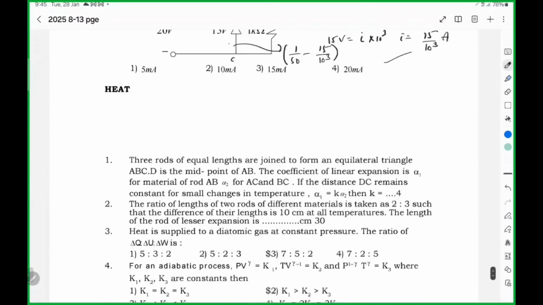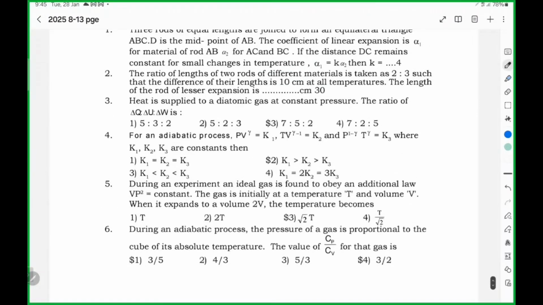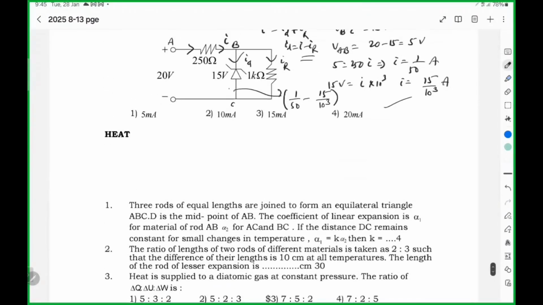Now in heat part. Here, three rods of equal length are joined to form an equilateral triangle. D is the midpoint of AB.